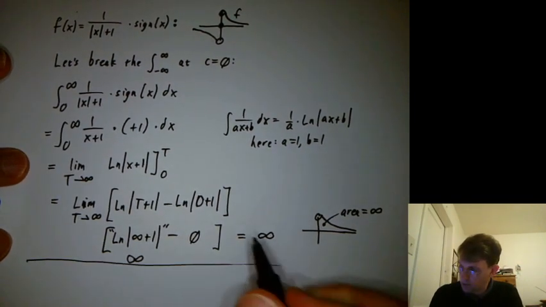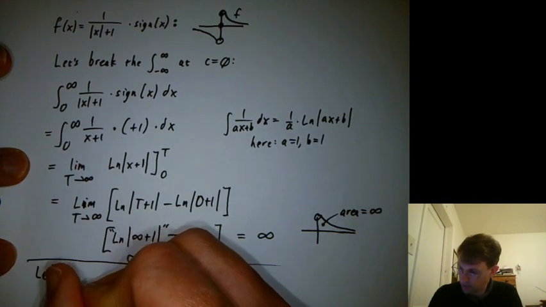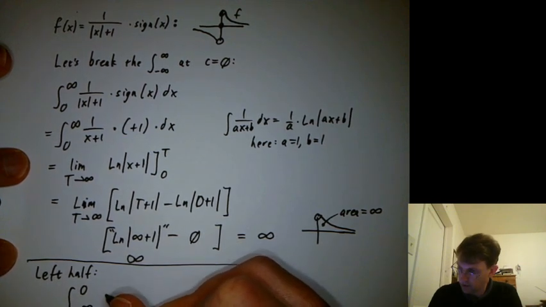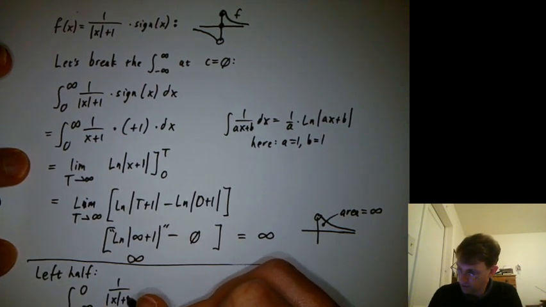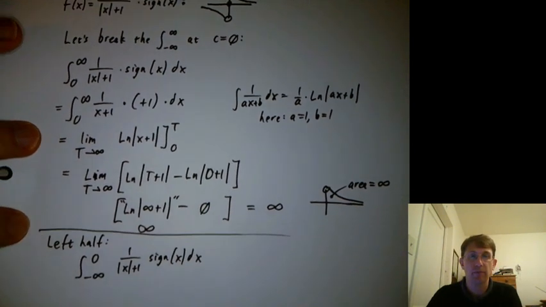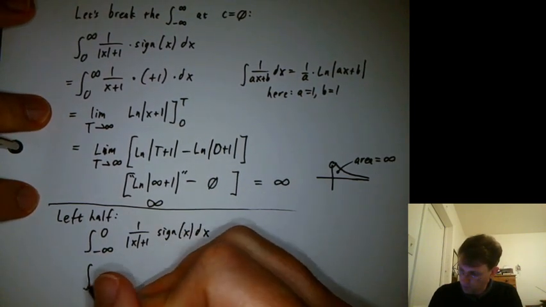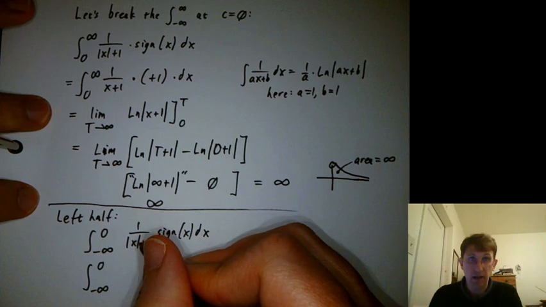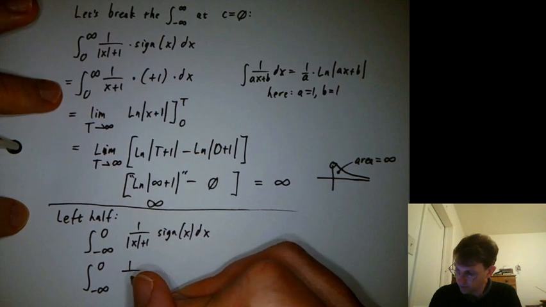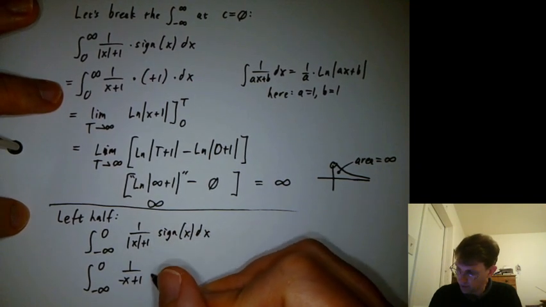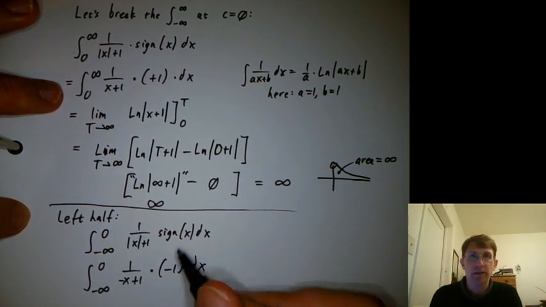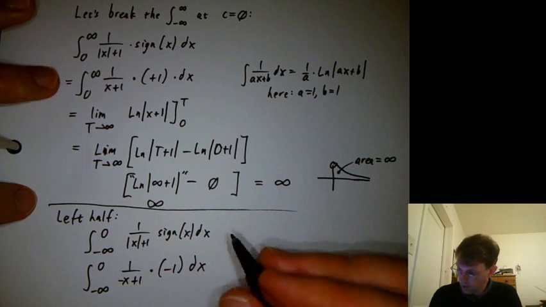What do you think will happen when we do the left half? So we'd say integral minus infinity to 0, 1 over absolute x plus 1 sign x dx. We know that x is negative here, so instead of absolute x, we can write negative x. We know that x is negative here, so we can write a negative 1 for the sign x. Is all the same math going to happen? Pretty much.